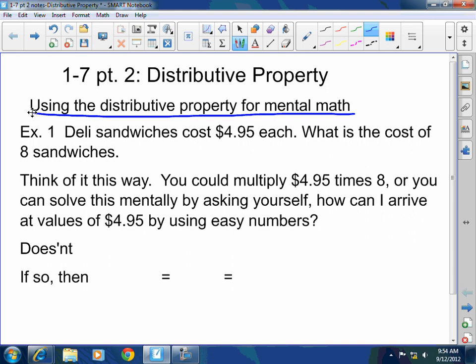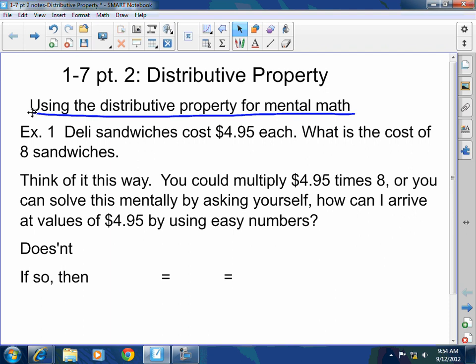Or you can solve this mentally by asking yourself, how can I arrive at the value of 4.95 by using easy numbers? So talk to me. How can I get to a value of 4.95 by using nice, easy, pretty numbers? Read the question.